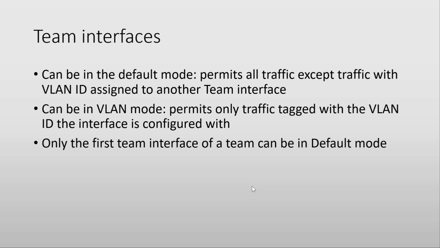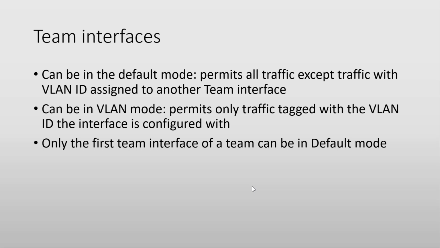Now let's talk about the team interfaces. Team interfaces, when you create them, they can be in two modes. First is the default mode, and the default mode permits all traffic to pass through that interface, except traffic that is destined for another team interface that has that VLAN ID assigned to it.